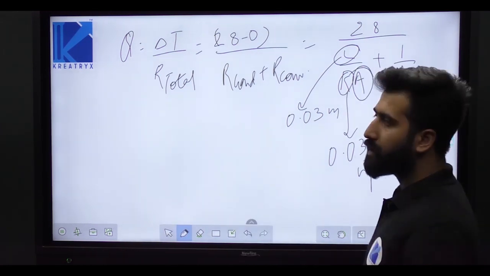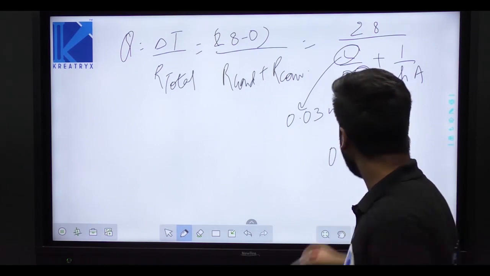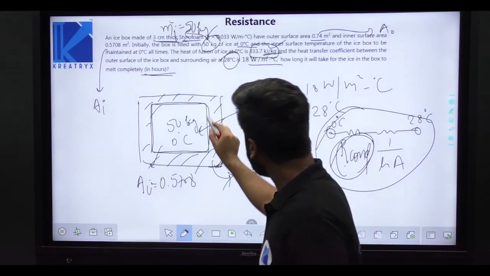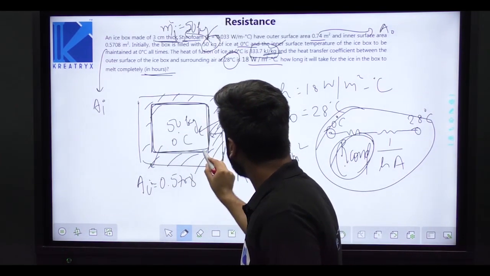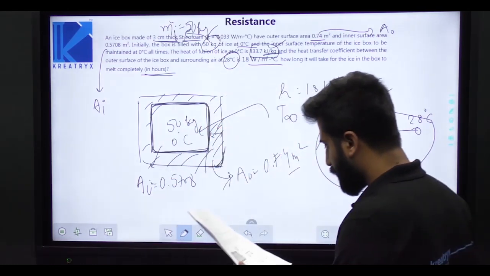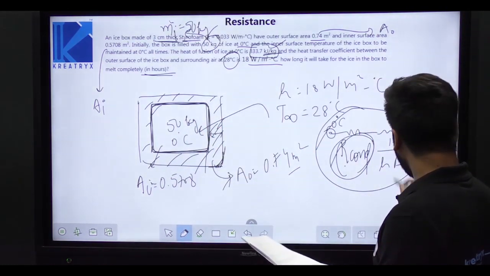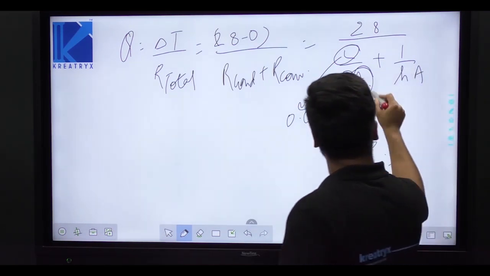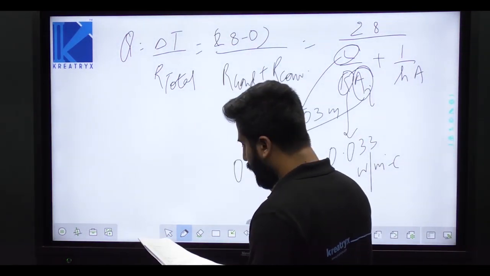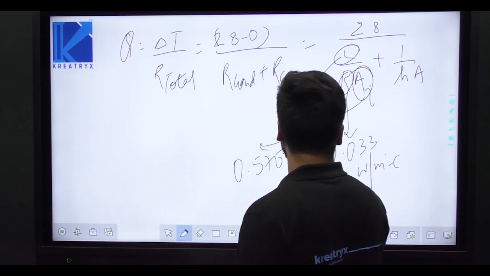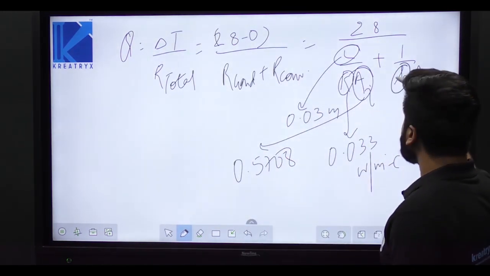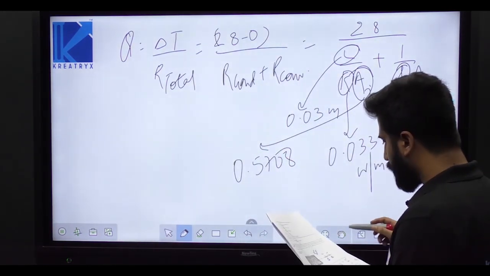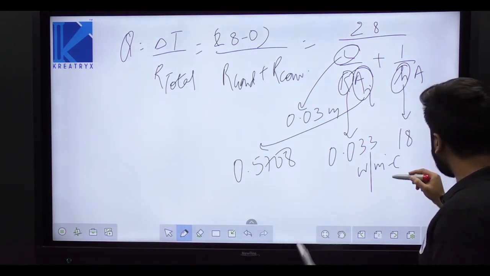Here the area will be the inner area, this area. So this value is 0.033, this is A_I, and this is equal to 0.5708 meter square. h is again equal to 18 watt per meter square degree Celsius.